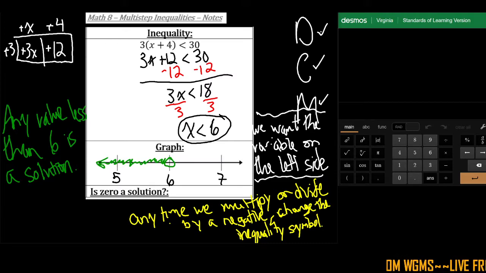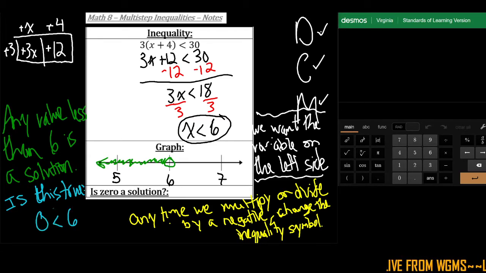Meaning, is this true? Is 0 less than 6? Well, you tell me. You better believe it is. And since it is true, we would say yes, 0 is a solution.